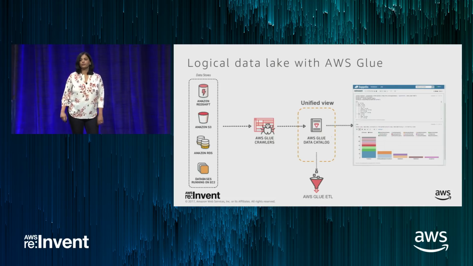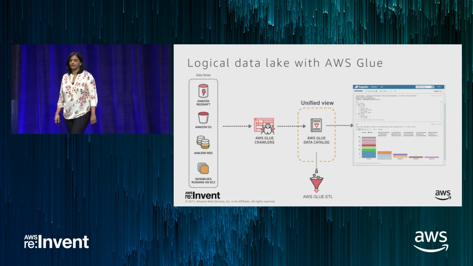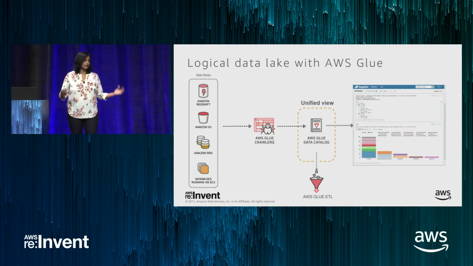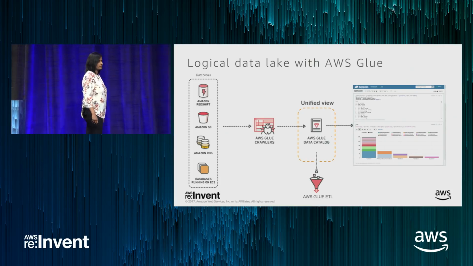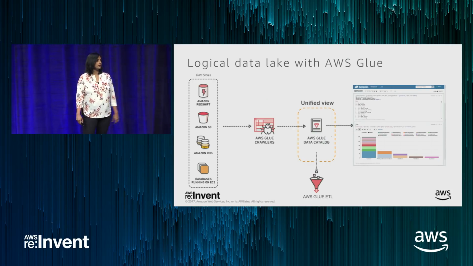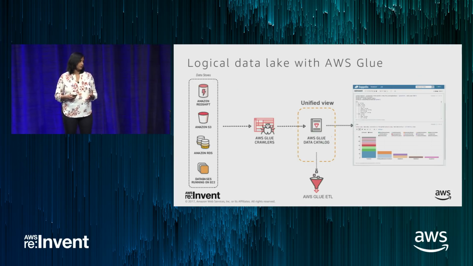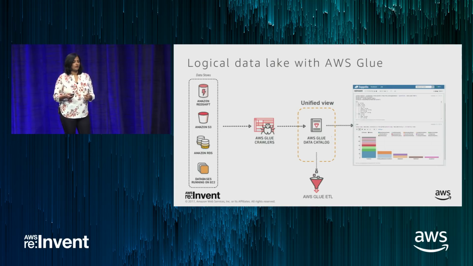But there are many different ways of thinking about a data lake. One way is to put all your data on S3, but you might have data in various different AWS services. And you still might want a unified logical view of your data and want to build a logical data lake. Glue supports that use case as well.